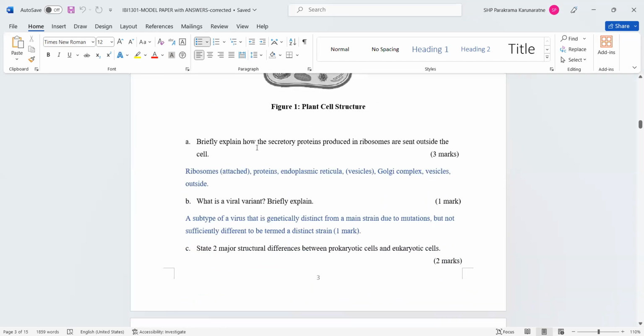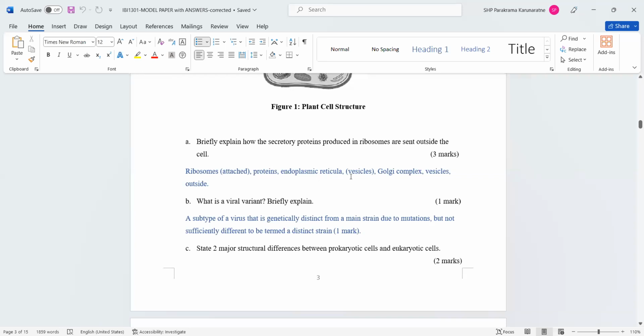And then: briefly explain how the secretory proteins produced in ribosomes are sent outside the cell. The function of the ribosome is protein synthesis. Proteins are synthesized in the ribosome, then sent through the endoplasmic reticulum, and at the end of the endoplasmic reticulum it forms vesicles.